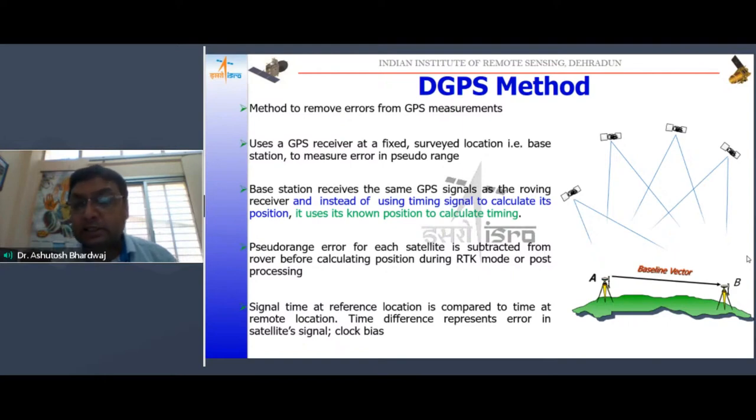Receivers like the IIRS receivers are given to fishermen. When those fishermen are near the international border, they get a signal from the receiver itself to be aware that they are moving towards the international border, because if they go across the border, they may be captured by the other country's forces. So these kinds of applications are possible for GPS. Actually, n number of applications are possible.